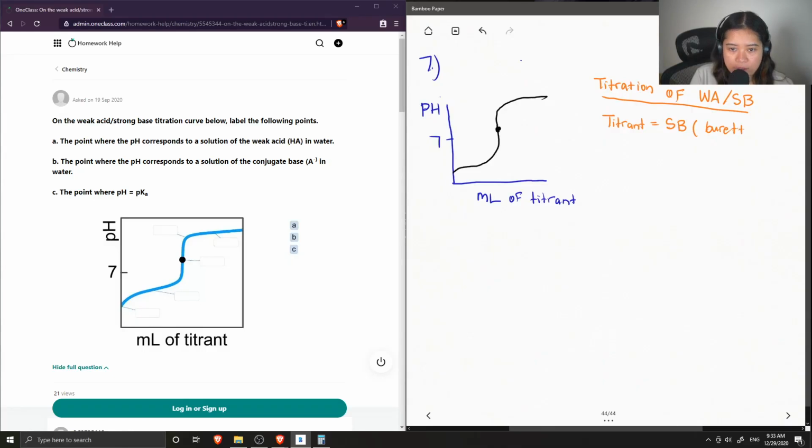So this is the volume that you're adding to titrate the analyte. In this case it is the weak acid, and this is found in the flask.